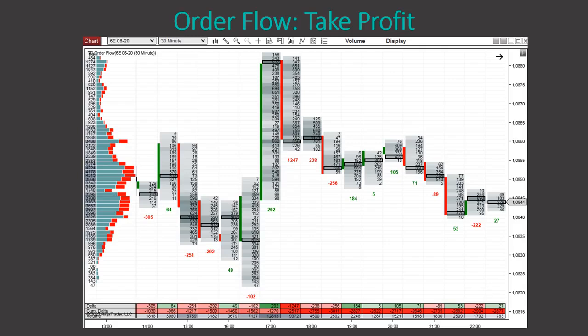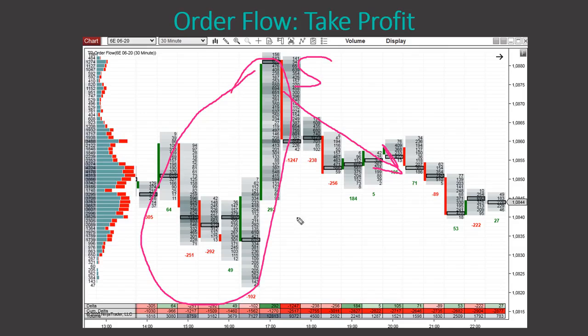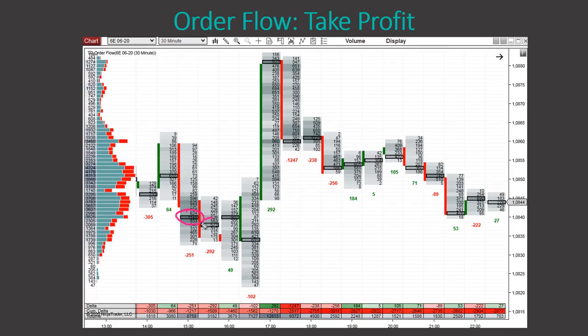Now let's talk about some examples so you get the feel for the ideal take profit placement. In this example, imagine you are short, for example, from here, and what you want to look for is a heavy volume area to quit your short. So you went short from there, and you want to look into this area, and in here you can see that there was a heavy volume area, those nodes, and also the order flow is darker in here, so you can tell that this is a high volume area.